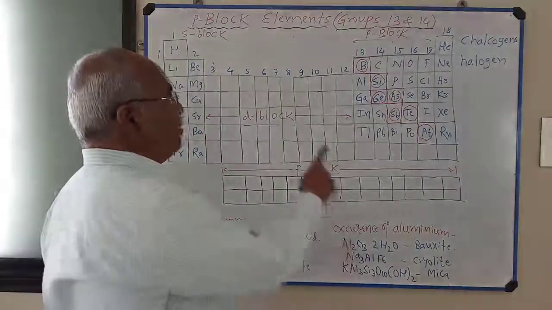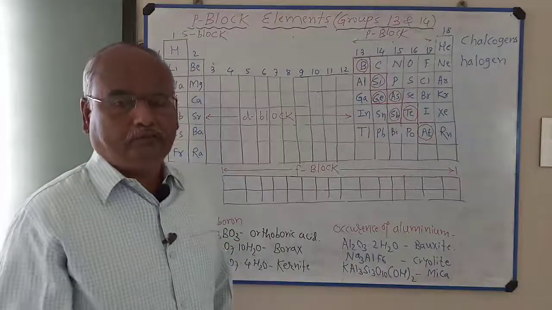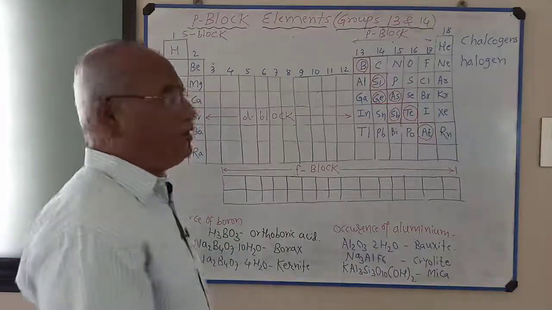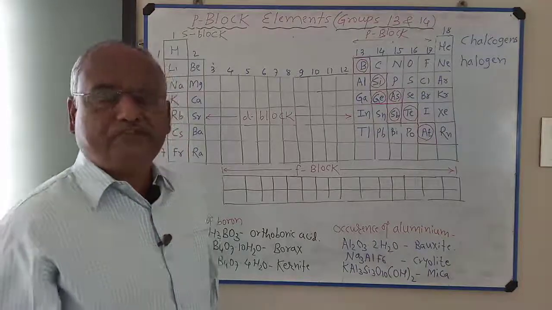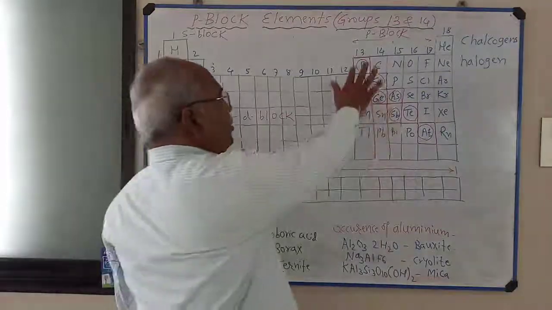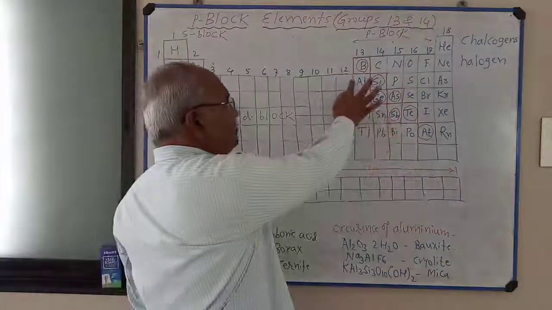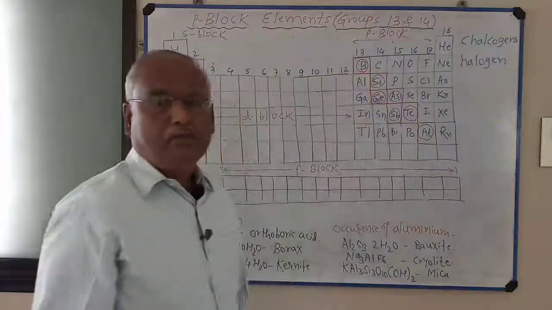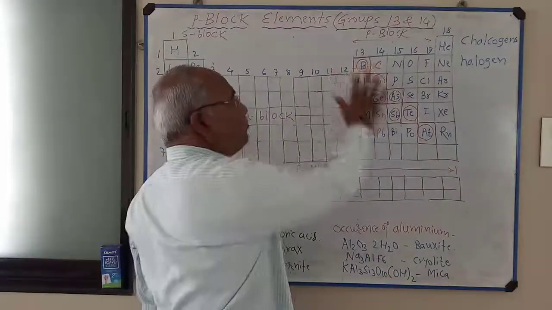So this is about the introductory part of this topic. I am going to explain occurrence of these elements. This boron is non-metal. Aluminium is metal, but it shows similarities to that of boron.